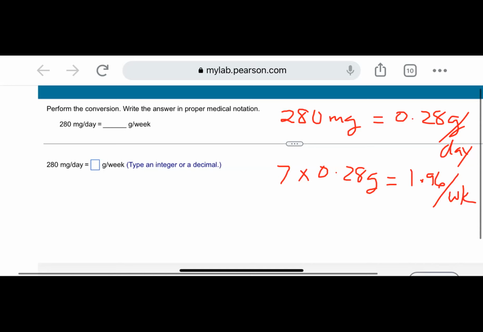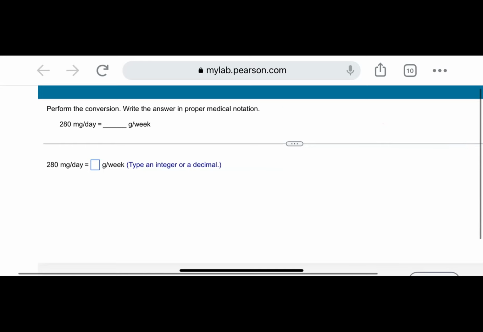All right. Now, what about if I decide to use dimensional analysis? Now, remember that I have 280 mg, which equals 0.28 g per day.